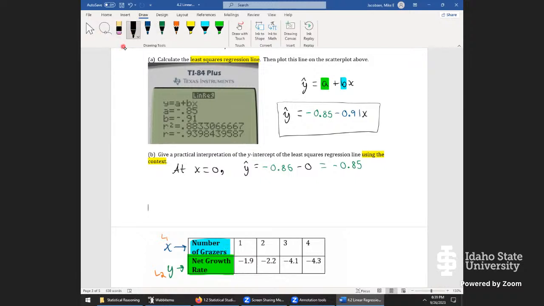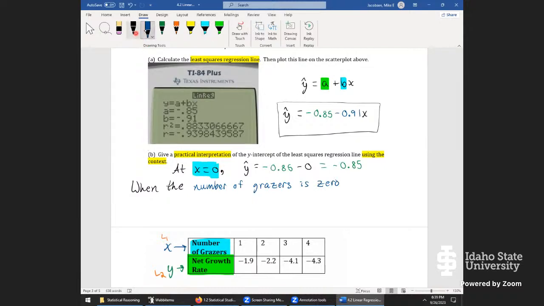So we can say here, let's now give a practical interpretation: when the number of grazers is 0, I pulled that from this right here.